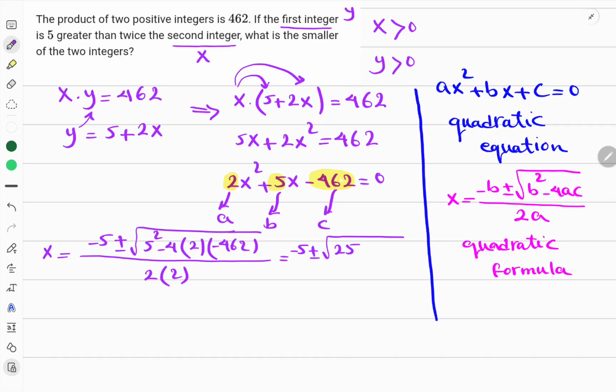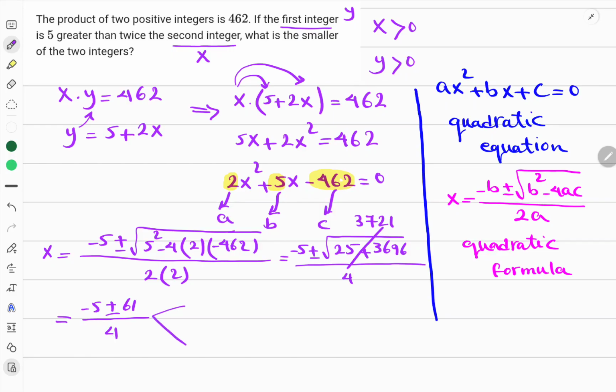You can use your calculator. 3,696 over 4. 25 plus 3,696 is 3,721, and the square root of this number is 61 over 4.